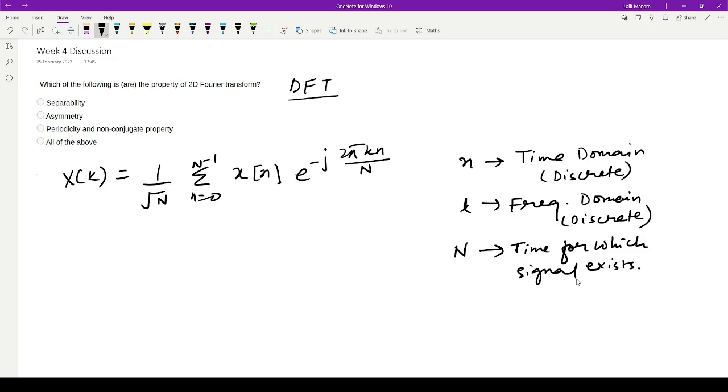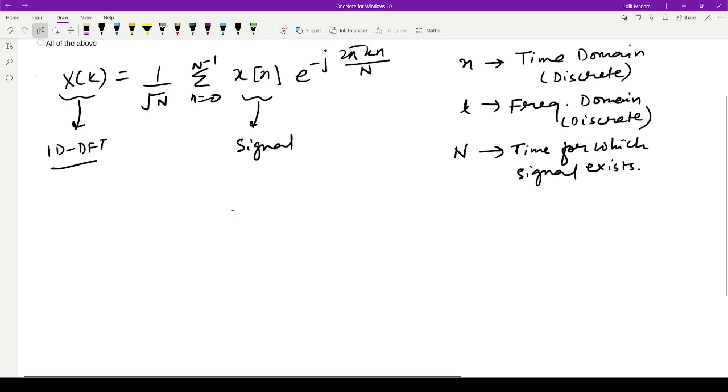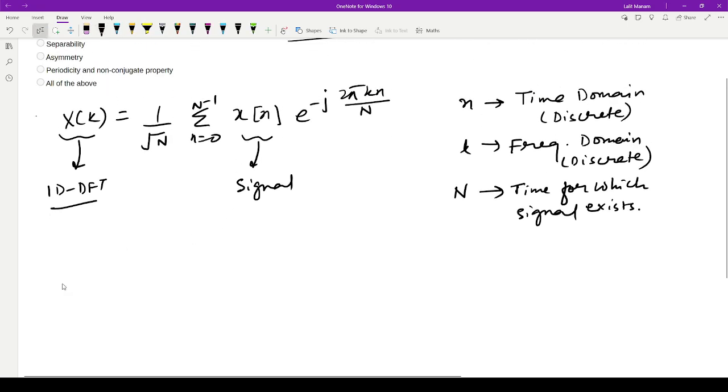So your signal exists only for this capital N amount of time. This is the signal part, and this is the transform, the one-dimensional DFT. Given this one-dimensional DFT, can anyone extend it to write the two-dimensional DFT?